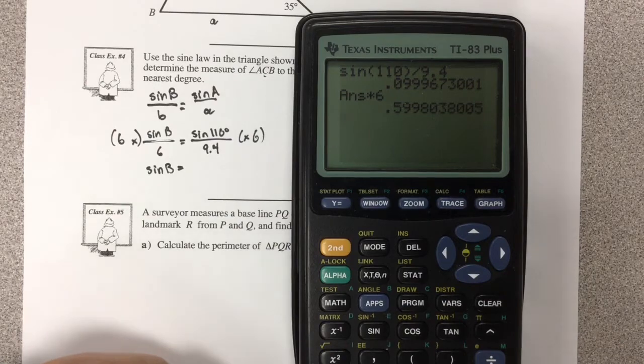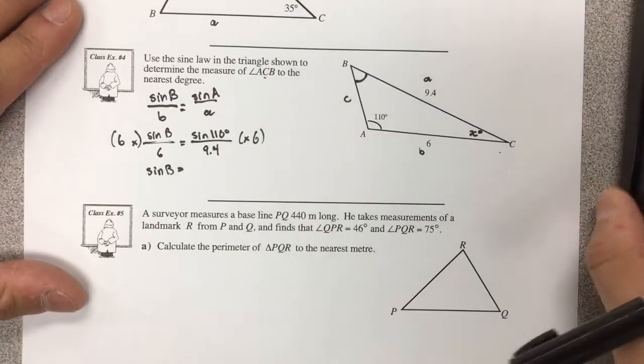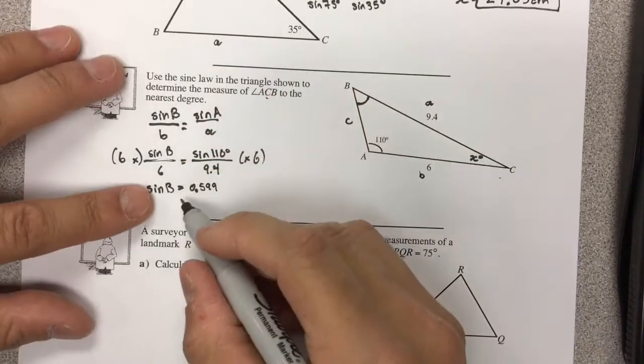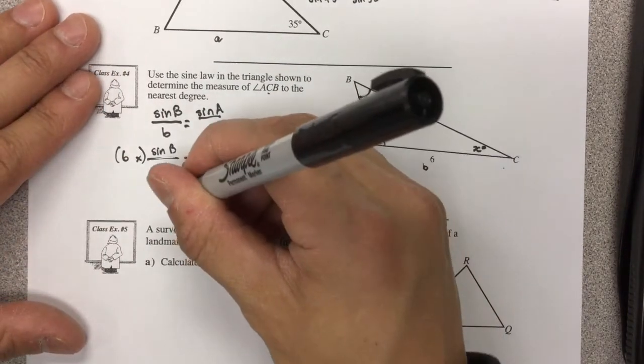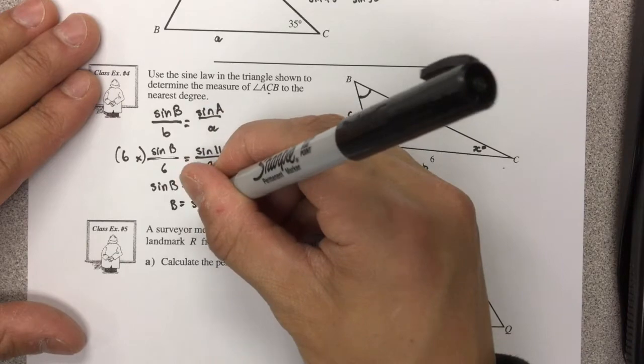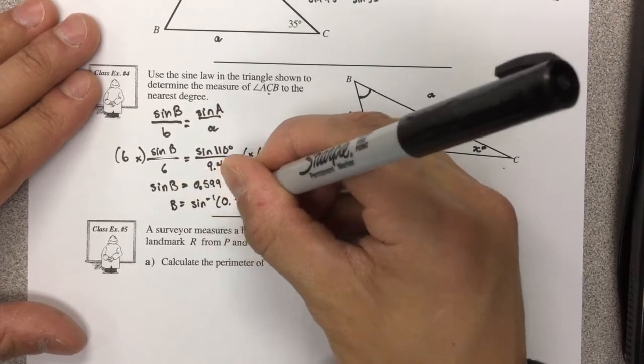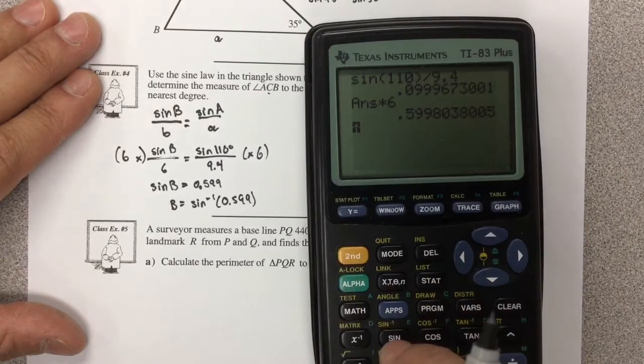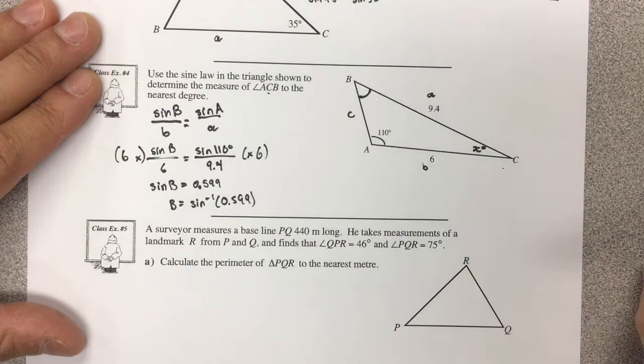Multiply that by 6, and we get 0.599. So sine B is equal to 0.599. But remember, we want to solve for the angle, and so angle B is going to be the inverse sine of 0.599. So inverse is equal to 37 degrees.